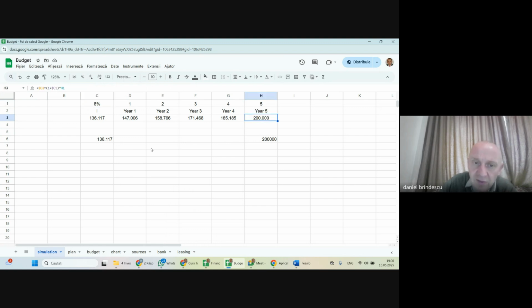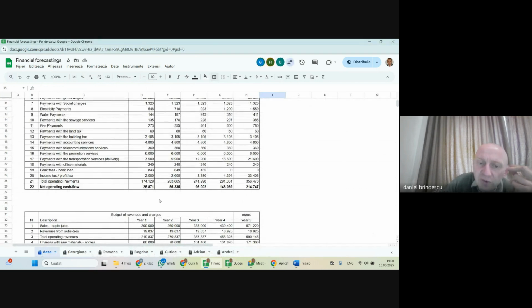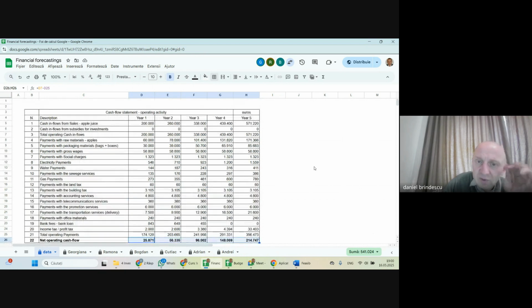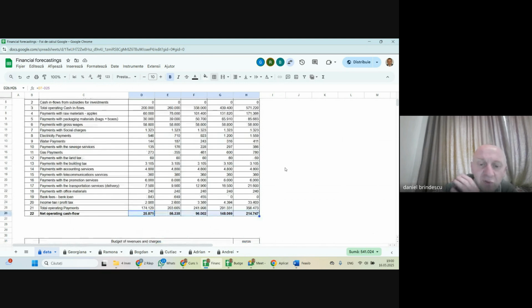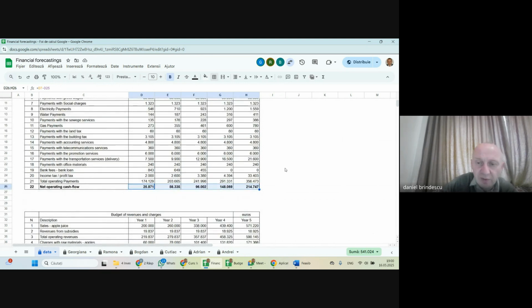You see? So at this point, we have future values. These values, the yearly net operating cash flows, generated, of course, according to our forecast, by operating our investment. So these would be the results of the investment.